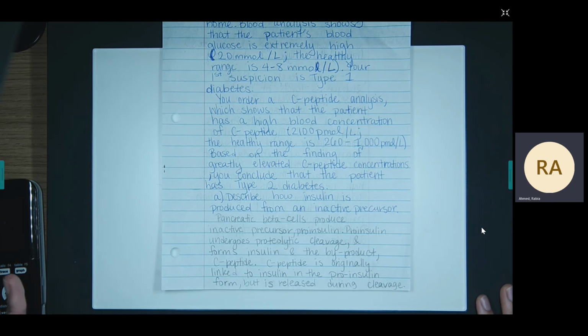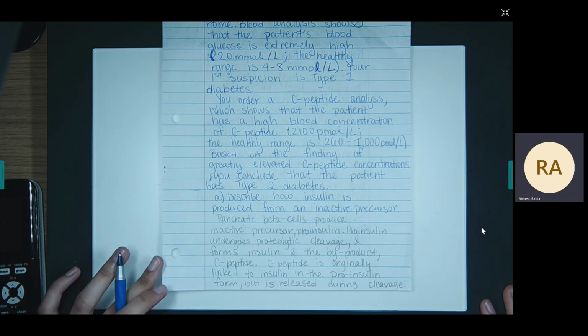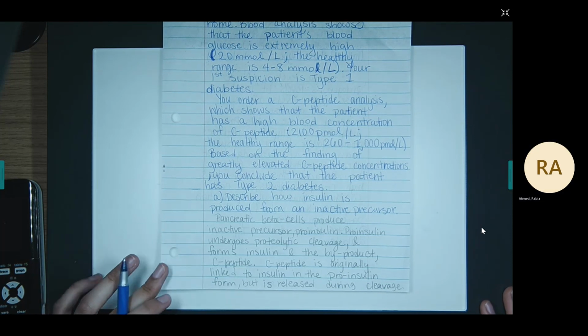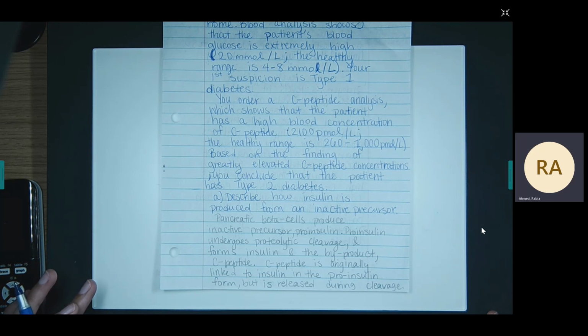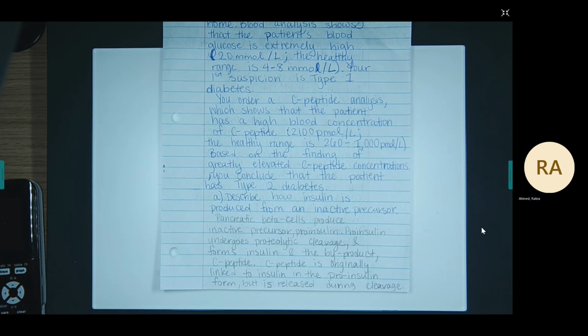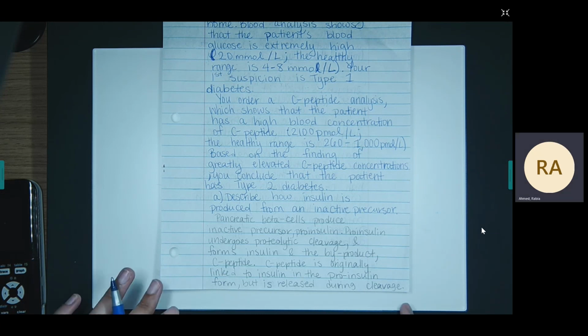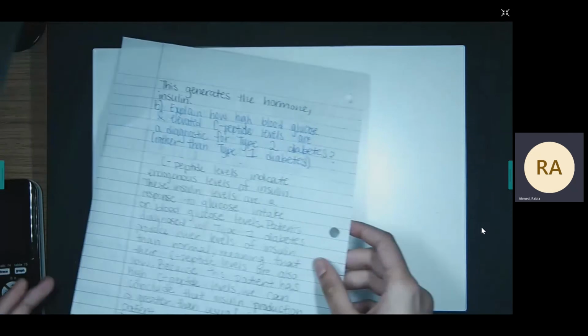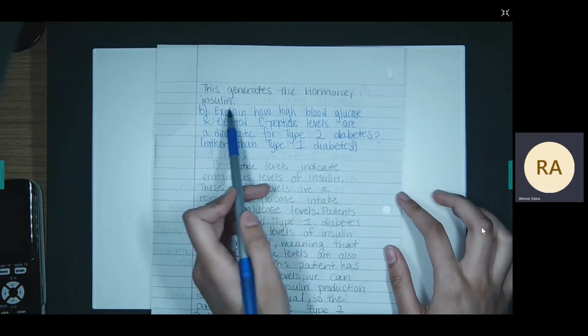You guys get the concept a little? So C-peptide kind of works with insulin. It's directly proportional to it, if that makes sense. I'm going to flip the page because it's not done. So this generates the hormone insulin.